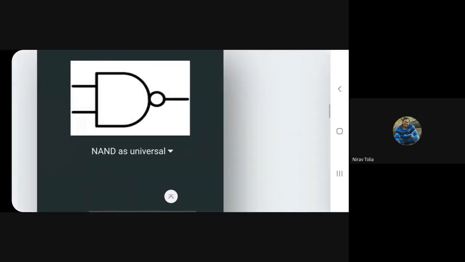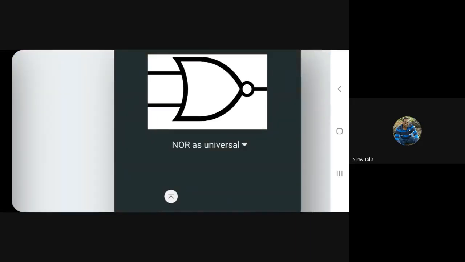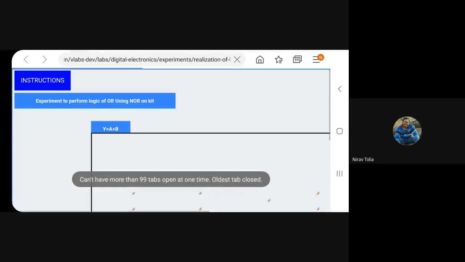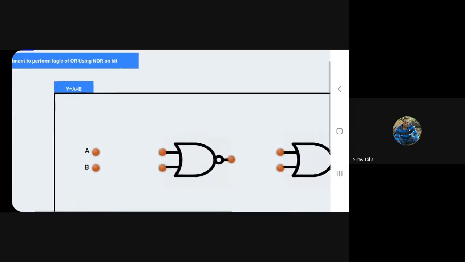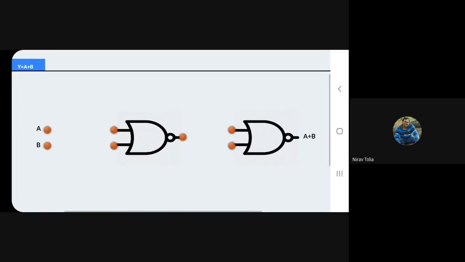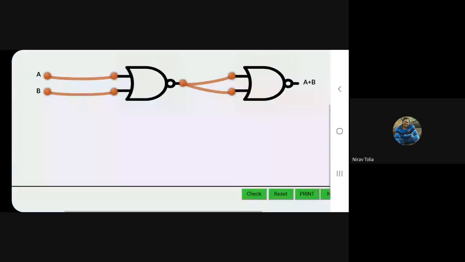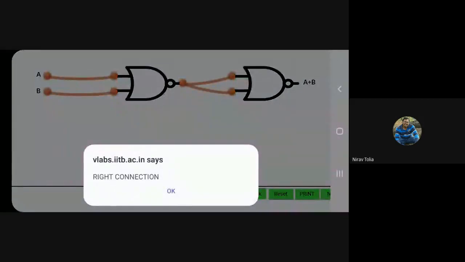Now you have to perform by yourself. Suppose I am making NOR as an all. I am clicking on that. It is open. Now what I have to do: I am clicking A, connecting with B with this. The output of these two are connected together, and below I click on check, then it shows me a right connection.